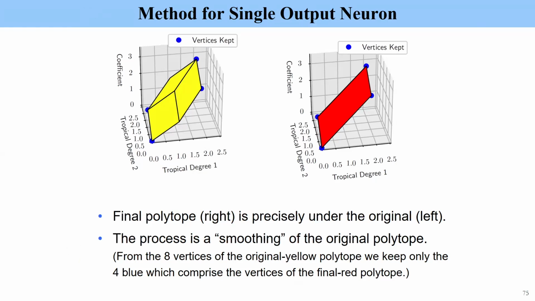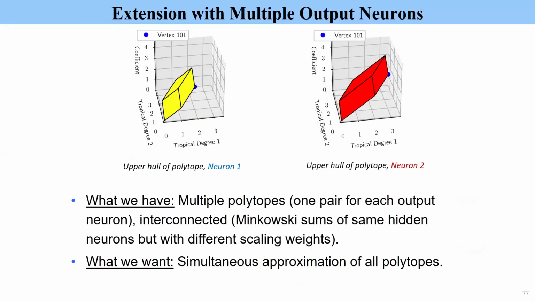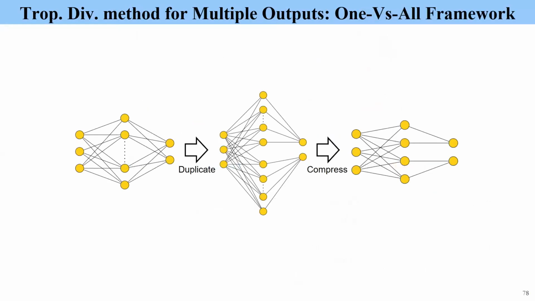This idea can be extended. It has some interesting properties. It can be extended to multiple output networks by using the one versus all framework. The results produced are promising, very promising actually, but for simple data sets, large but simple data sets.